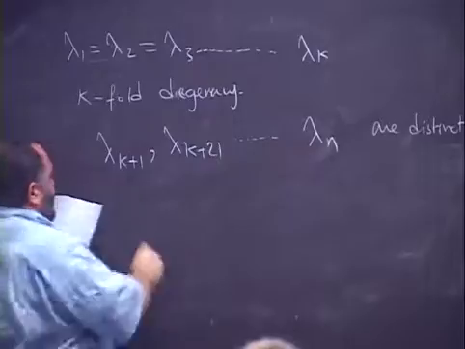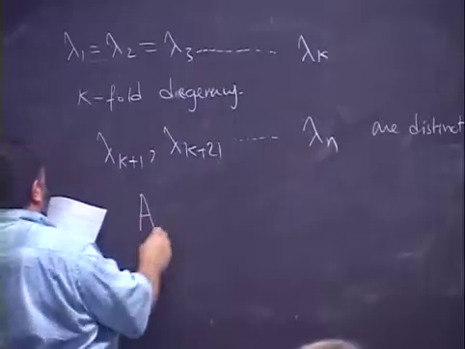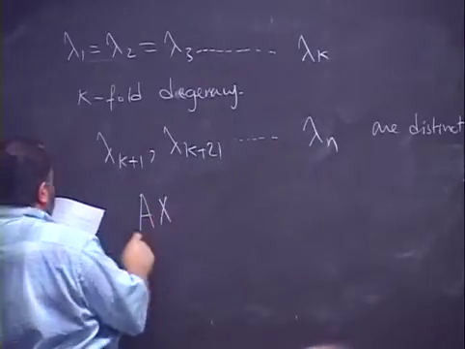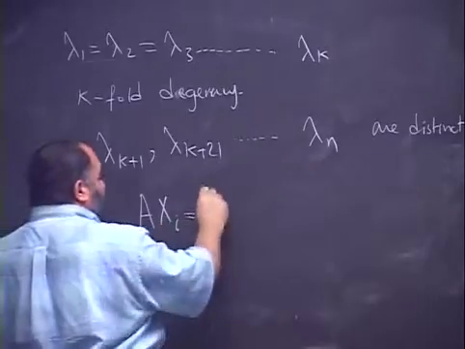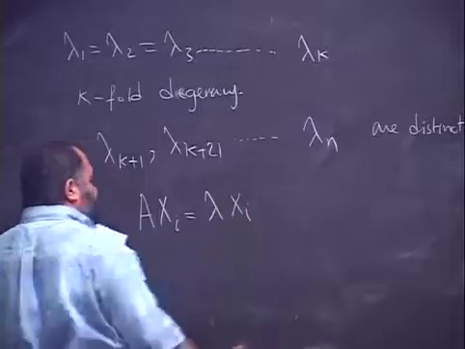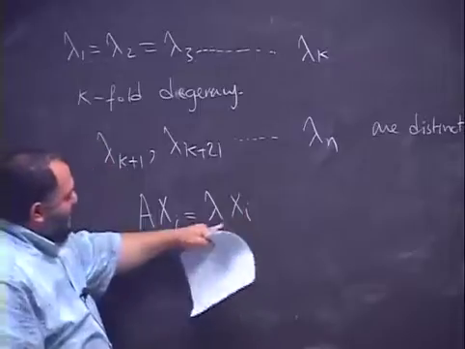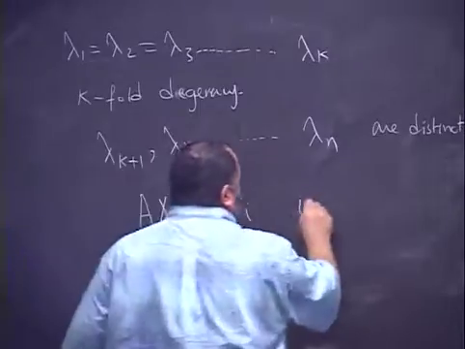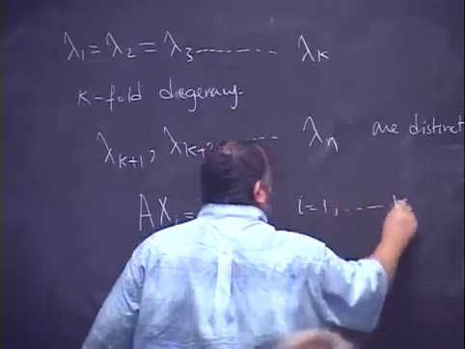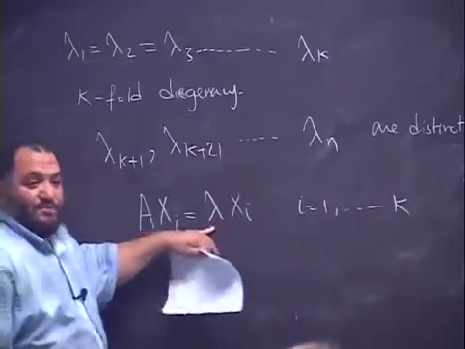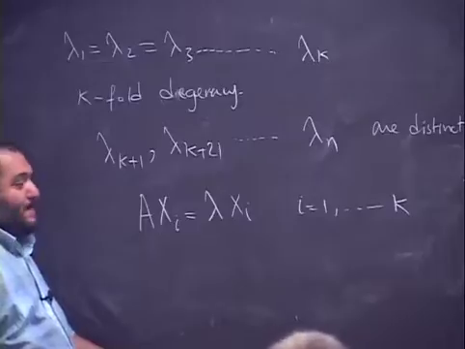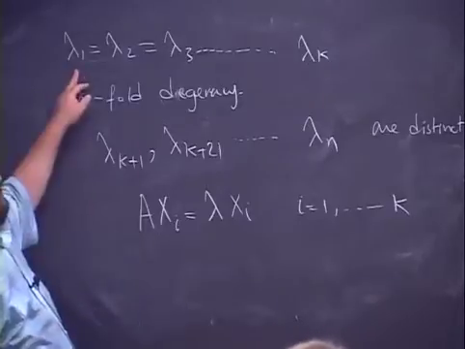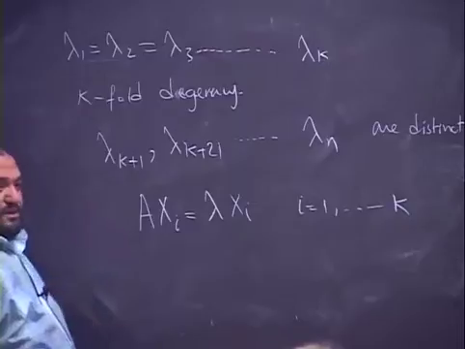So in this case, I can still write the eigenvalue problem A xi equal to lambda xi. But in this case, from i equal to 1 up to k, what should I write for lambda? From 1 to k, all lambdas are the same.